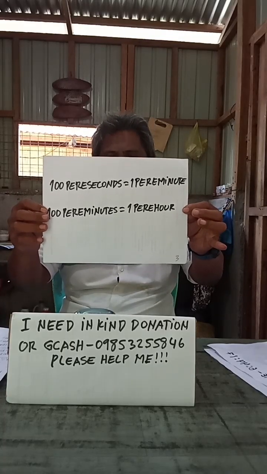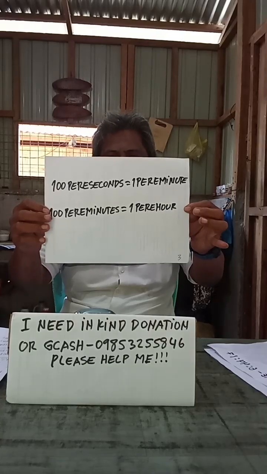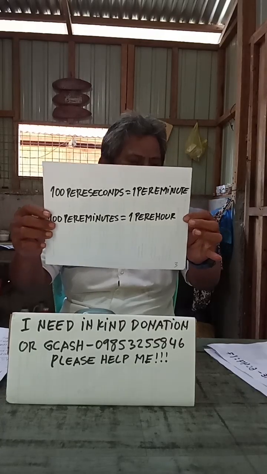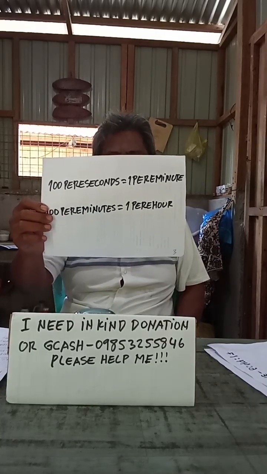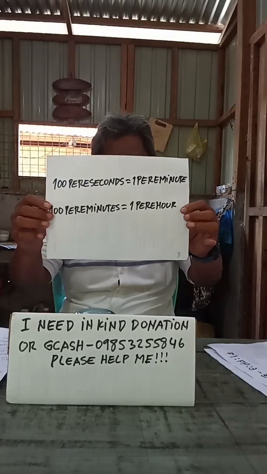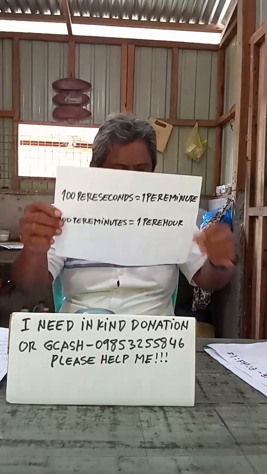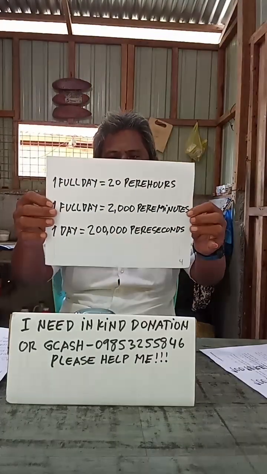So, 1 per minute is composed of 100 per seconds, and 1 per hour is composed of 100 per minutes. So, the 1 full day of the Peregrino Sienes Time or PST is 20 per hour.